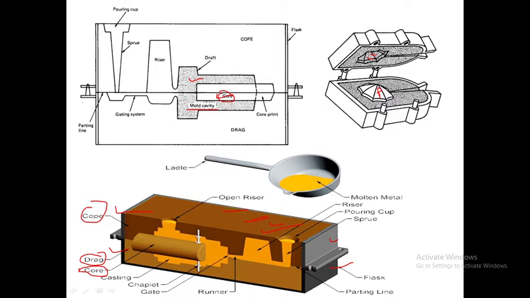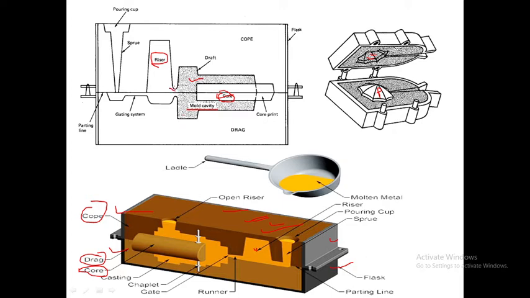Next terminology is riser. It is an extra void in the mold that fills with molten material to compensate for shrinkage during solidification.